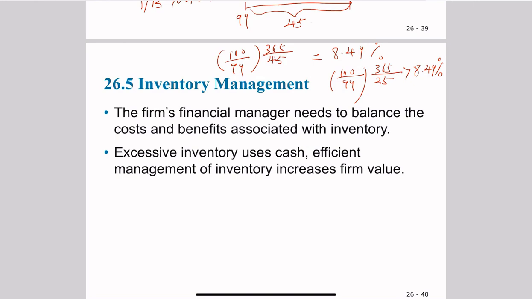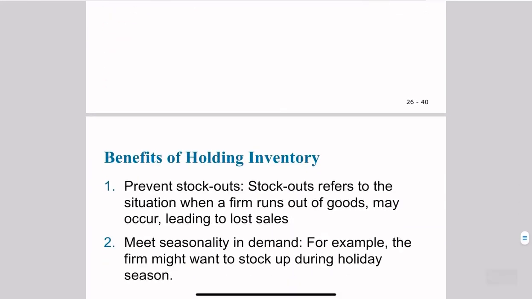Why? Well, because if you have a lot of inventory, then you will tie up your cash in inventory. This means the firm's free cash flow will be smaller. So if you can better manage your inventory, then you will be able to increase your firm's value.